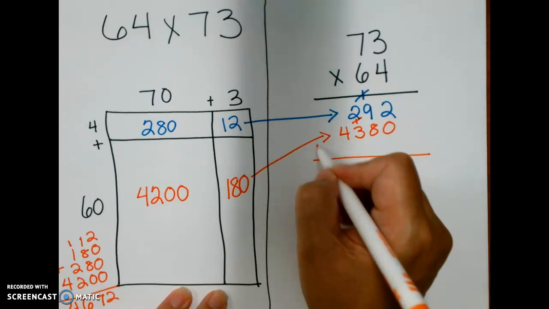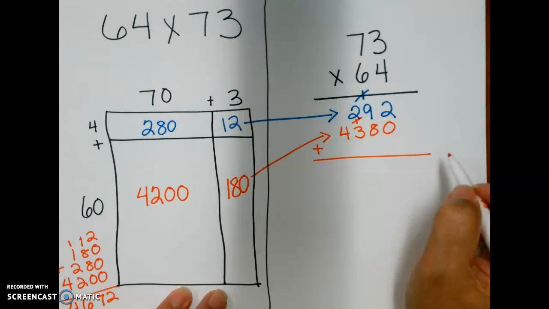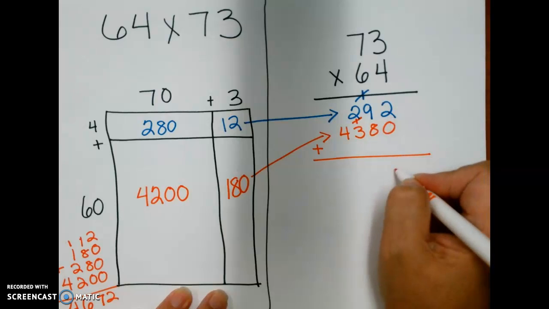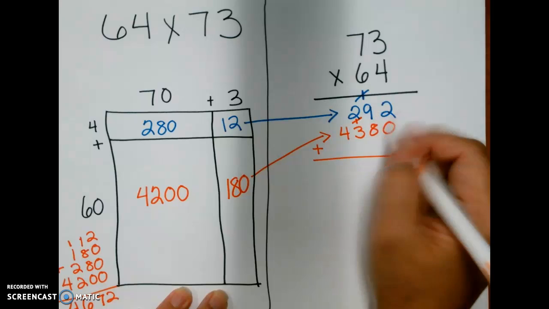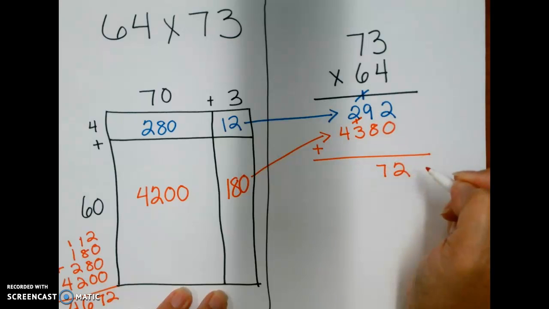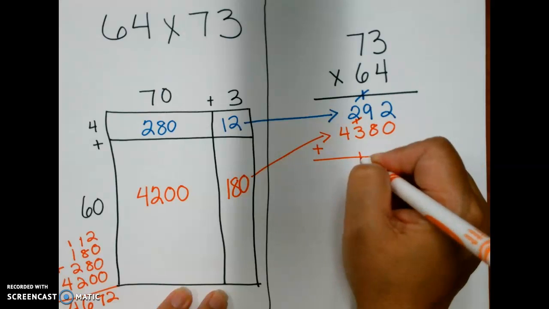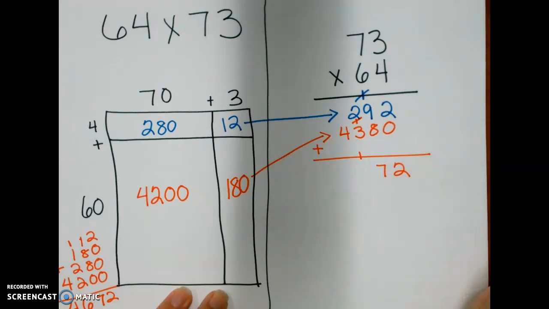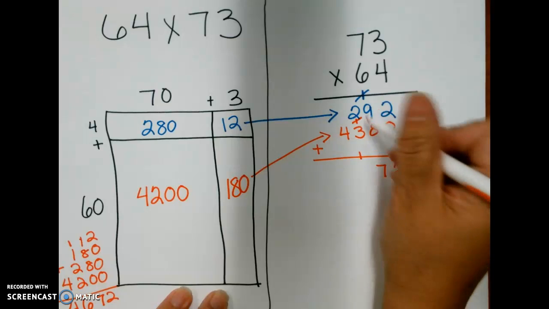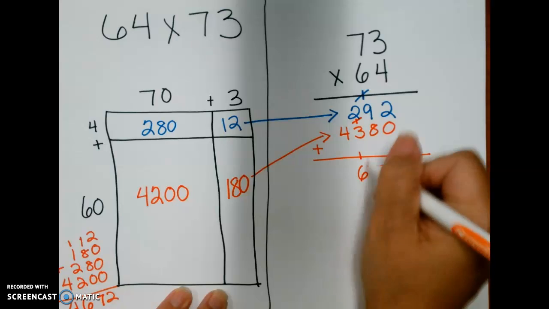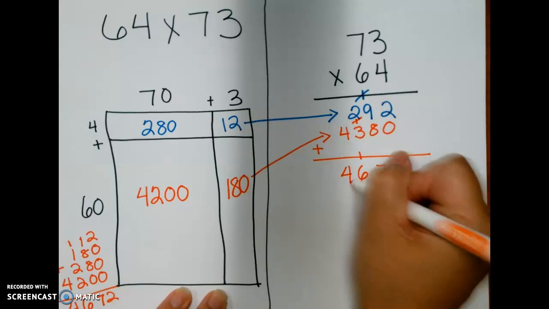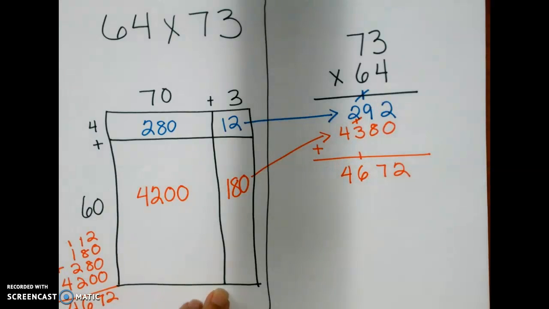And when I add those two together, 2 plus 0 is 2. 9 plus 8 is 17. And I can put my 1 here so I don't lose it because that's 17 tens. 2 plus 3 plus 1 is 6, and I don't have anything to rename and add to my 4.